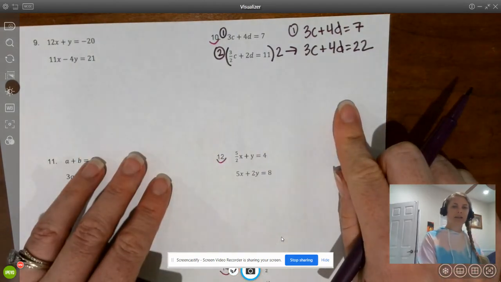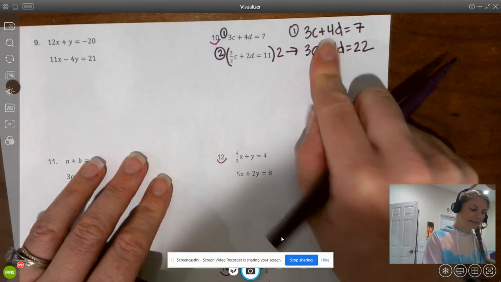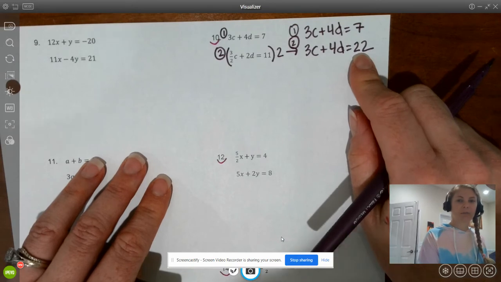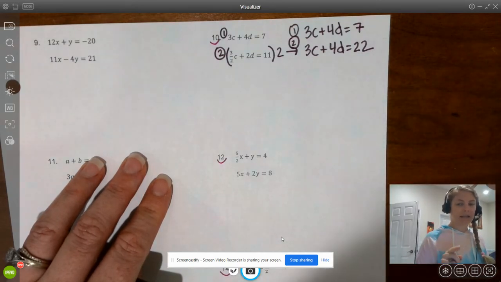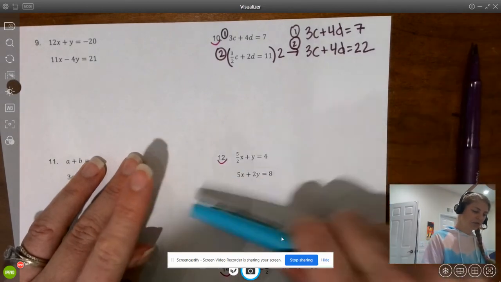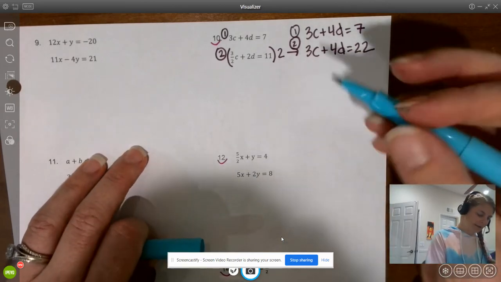I notice they're really the same. We have 3c plus 4d on both sides, and we have just a different constant term. So I'm really thinking that this is going to be parallel lines with no solution. But let's continue just to make sure we have that correct.